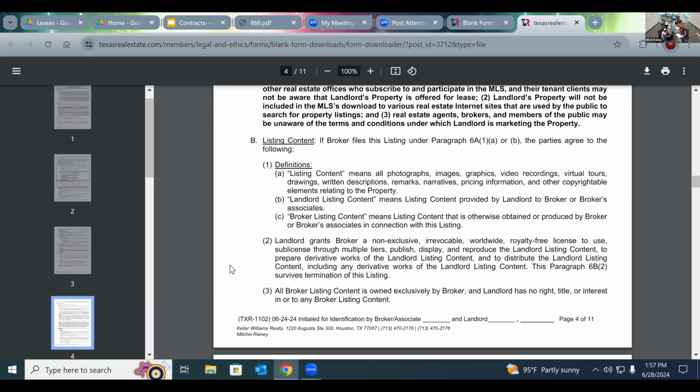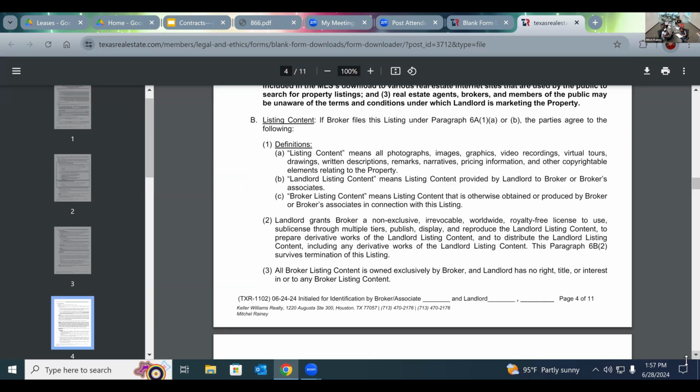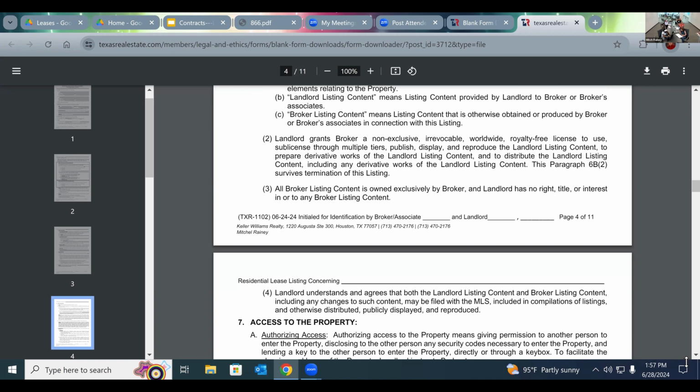All broker listing content is owned exclusively. Landlord understands and agrees that both the landlord listing content and broker listing content, including any such changes, may be filed with the MLS.